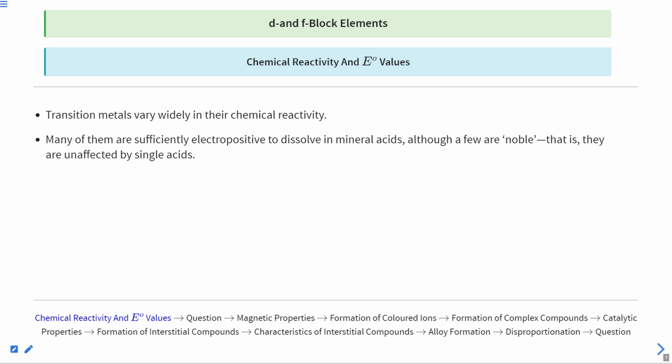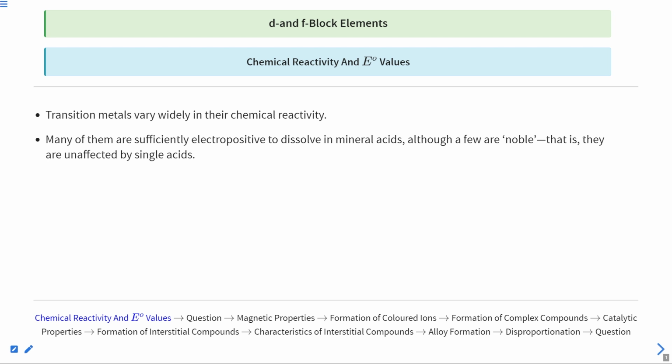Now talking about transition metals, they vary widely in their chemical reactivity, and the reason behind that is that they have variable oxidation states, right? So due to this reason they have varied reactivity depending upon the substrate that we are reacting them with. Now most of them are electropositive in nature because they react with mineral acids to liberate hydrogen gas, right?